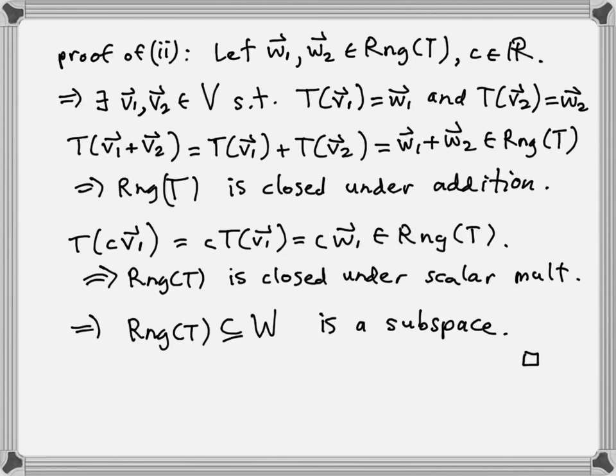Okay, so what we now know is that these two things are subspaces, but question, have we seen them before? So let's talk about a special case here. The special case here is going to be what happens if we have T being a transformation from Rn to Rm.